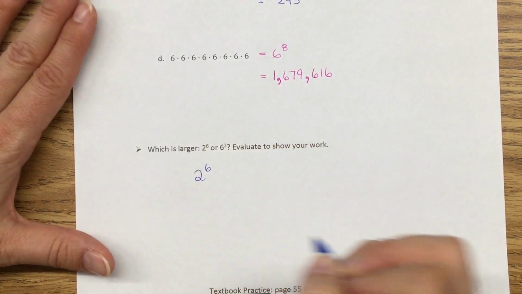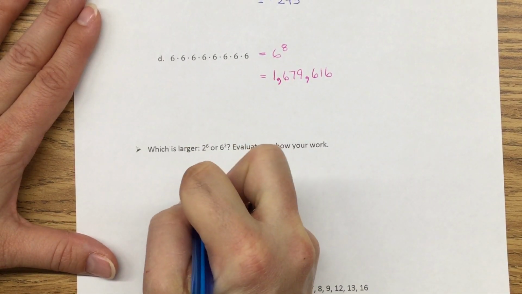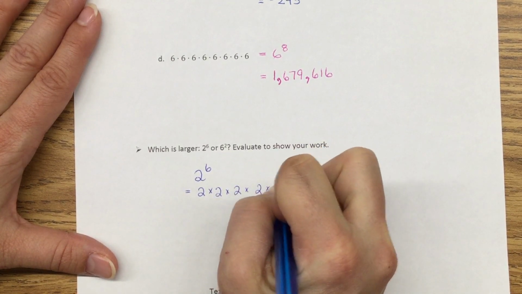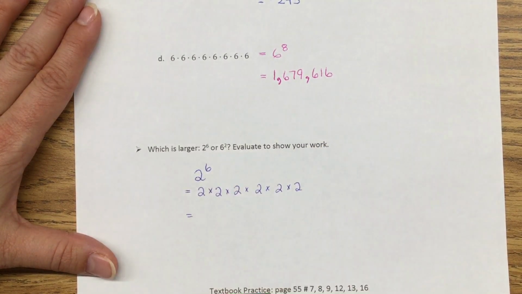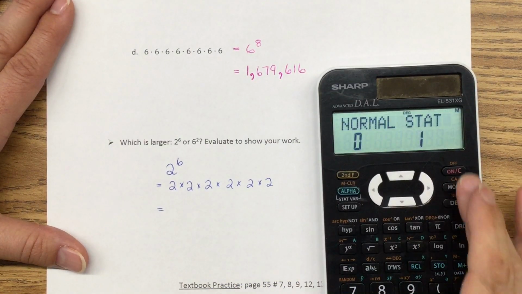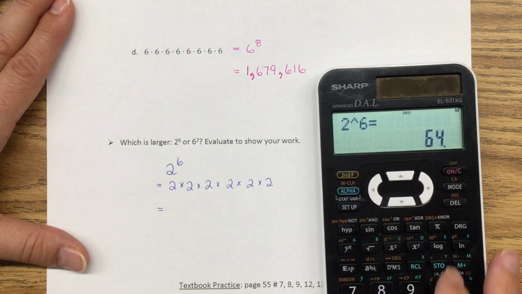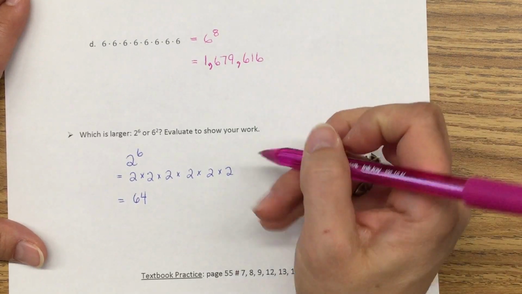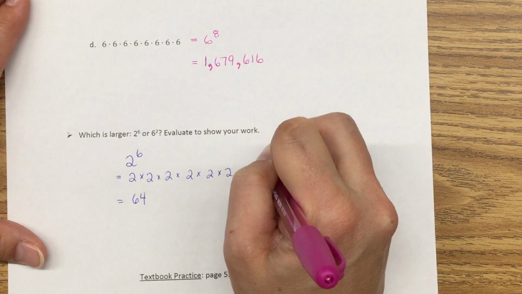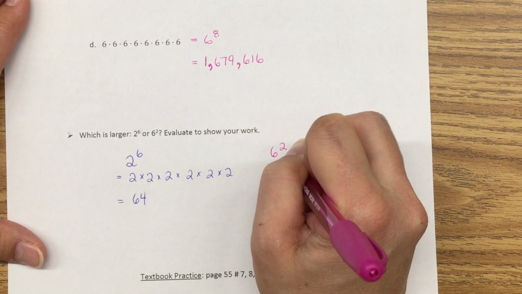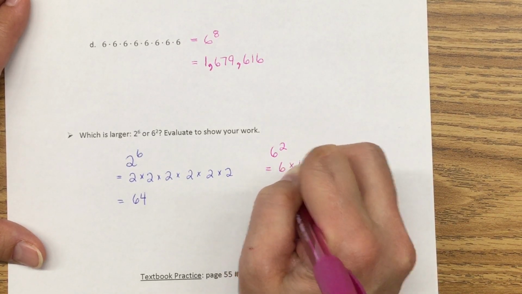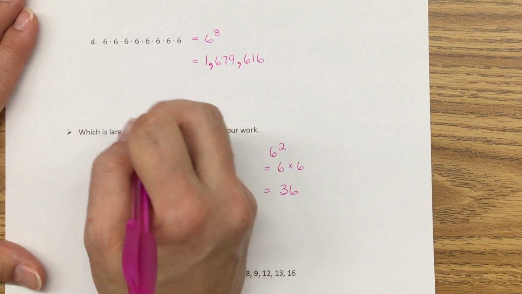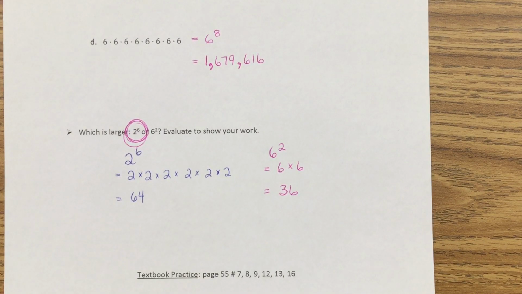So 2 to the 6th equals 2 times 2 times 2 times 2 times 2 times 2, which equals 64. 6 squared equals 6 times 6, which equals 36. Look at that. 2 to the 6th is the winner.